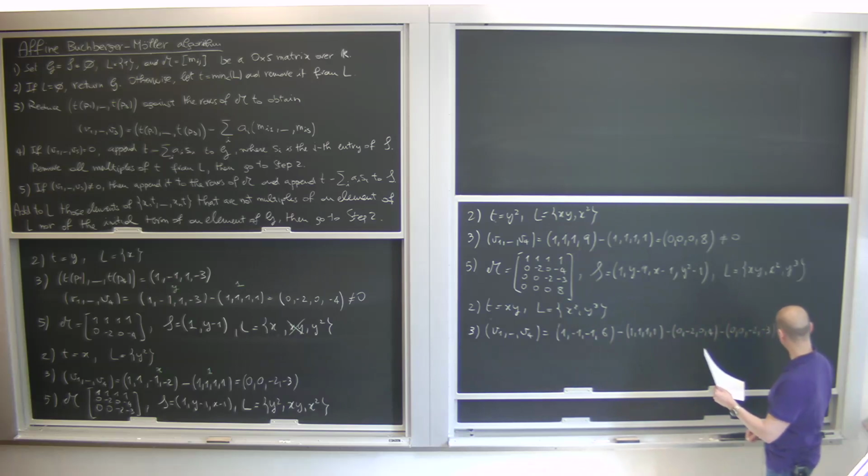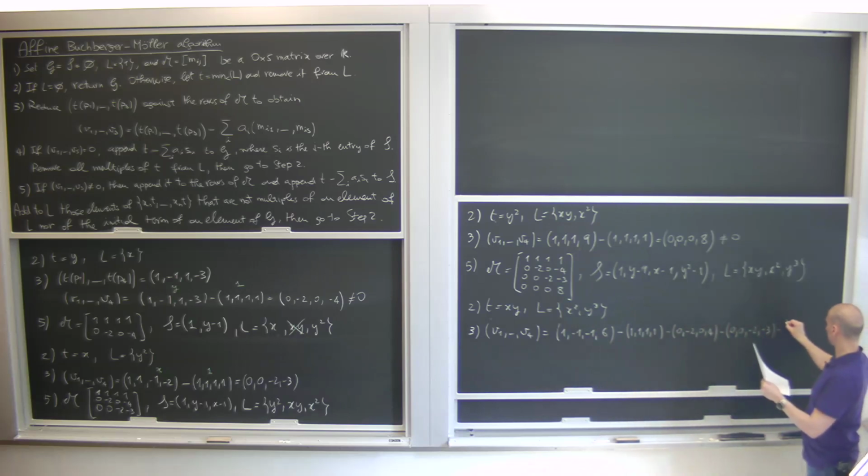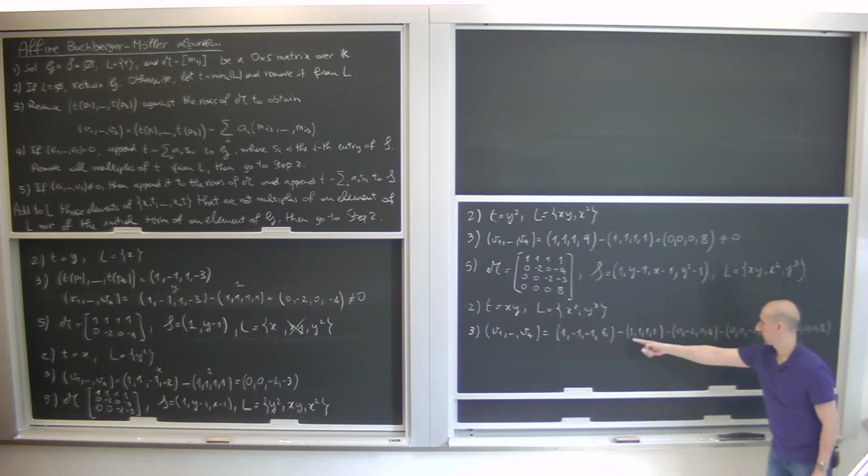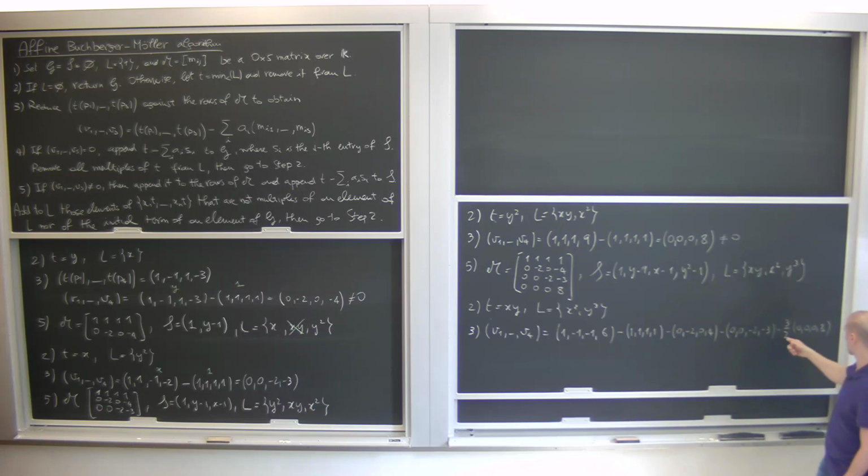And finally, I'll tell you, you can check. It's -3/2 times the last row. So this vector is a linear combination of the 4 rows. I mean, obviously it is a linear combination. You just have to figure out the coefficients, right? We have a -1, -1, -1, and -3/2, and this is 0.